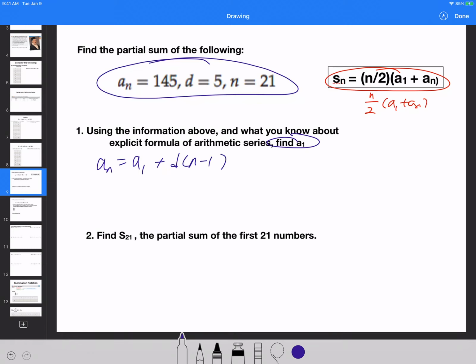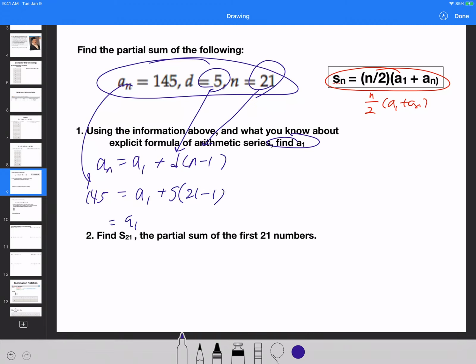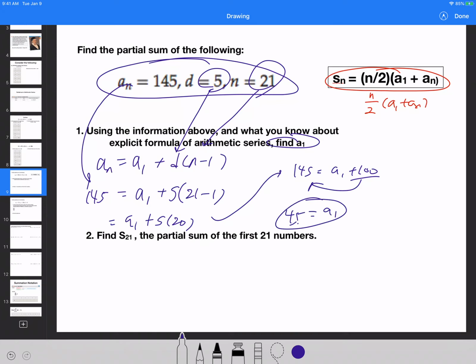Plugging in, 145 is equal to a sub 1 plus 5 times 20. So that part is 100. Subtract 100 from the other side, and you should get 45 for your first term.